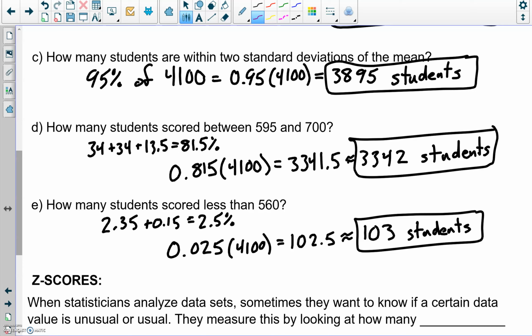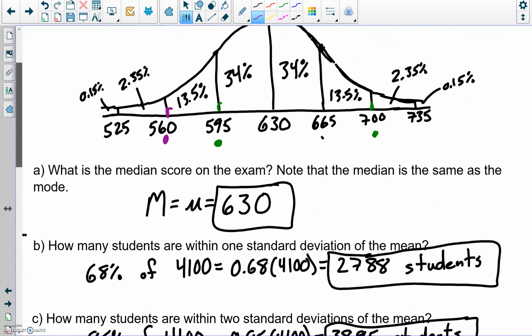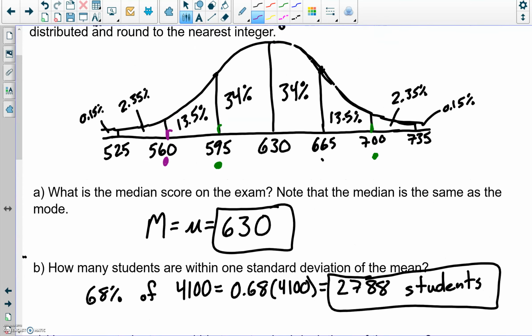So, it's so important, and I see students try to do these things without drawing out this picture, and they end up basically failing. It's horrible and sad. They try to do it in their head, and unless you're really good, you're not going to be able to do this in your head. A lot of times people start reading through the problems, they don't know where to start, and it's like, just draw the picture.